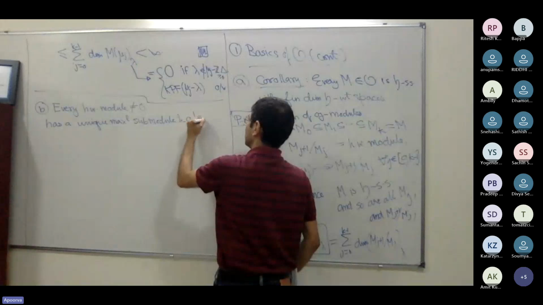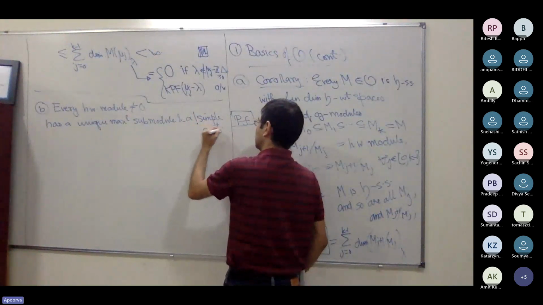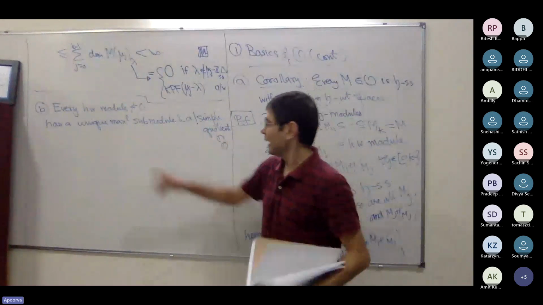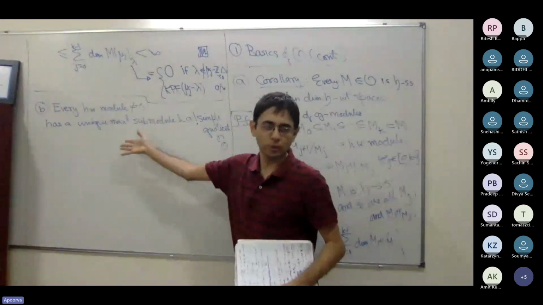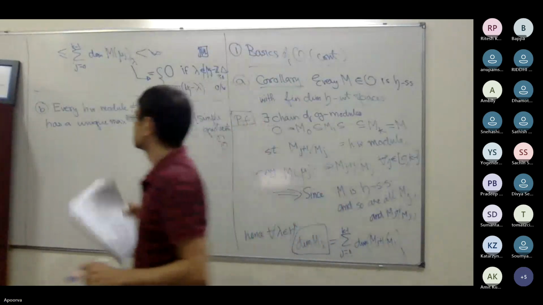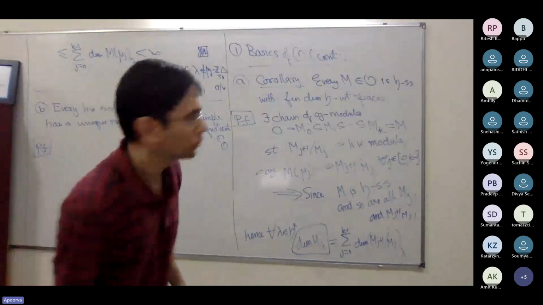Of course, the simple quotient is in O, and later we will see that submodules are also in O. But for now, the simple quotient is in O. So, proof. Okay, let me prove this.